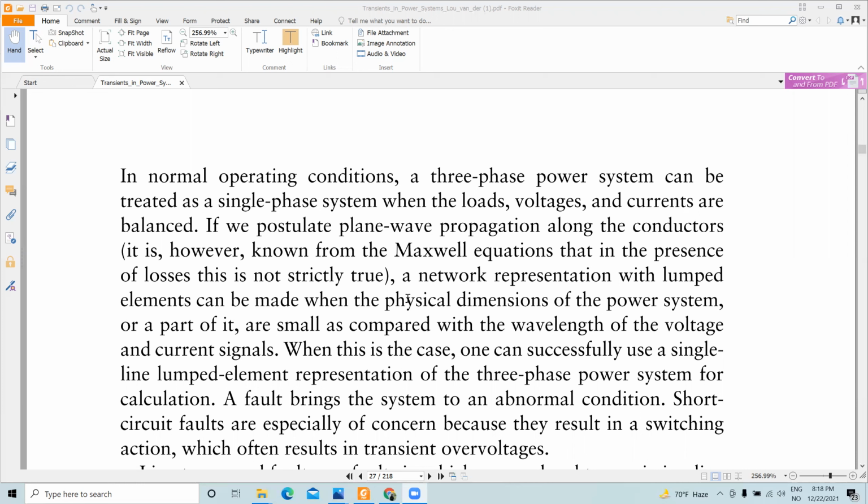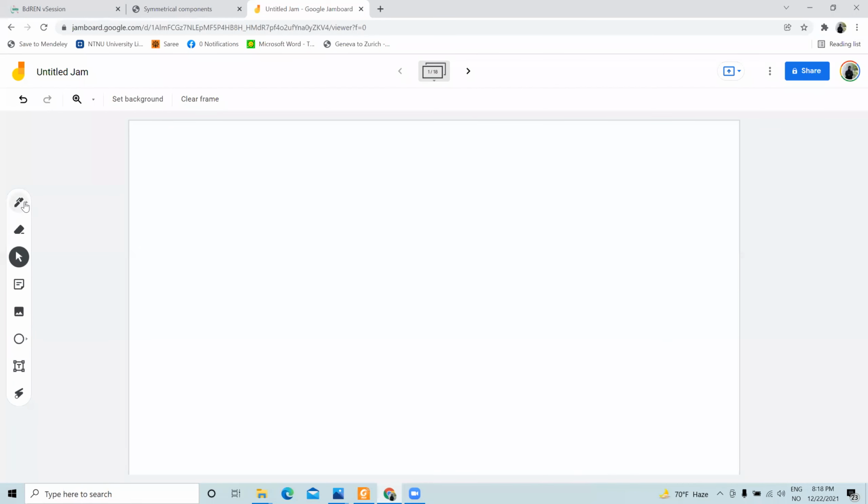In a balanced electrical system, by balanced we mean that all the three phases have the same amount of load, voltages, and currents. In a power system, we know that it's a three-phase system, so you have basically three lines.